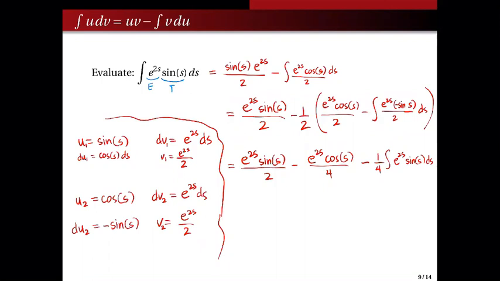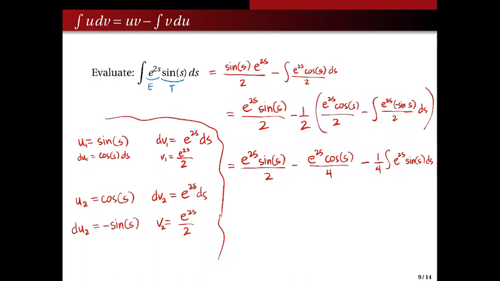Okay, so far, so good. Now, you look again at the integral here. We have negative 1/4 integral of e to the 2s sine s ds. Sir, that's the original integral that we have. Yes, that's the original integral that we have. We were able to bring back that original integral.